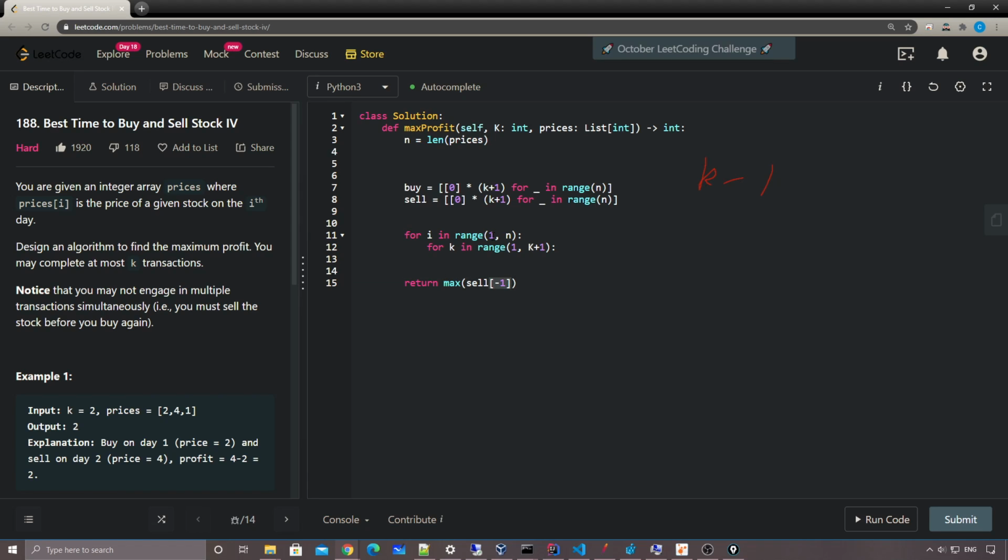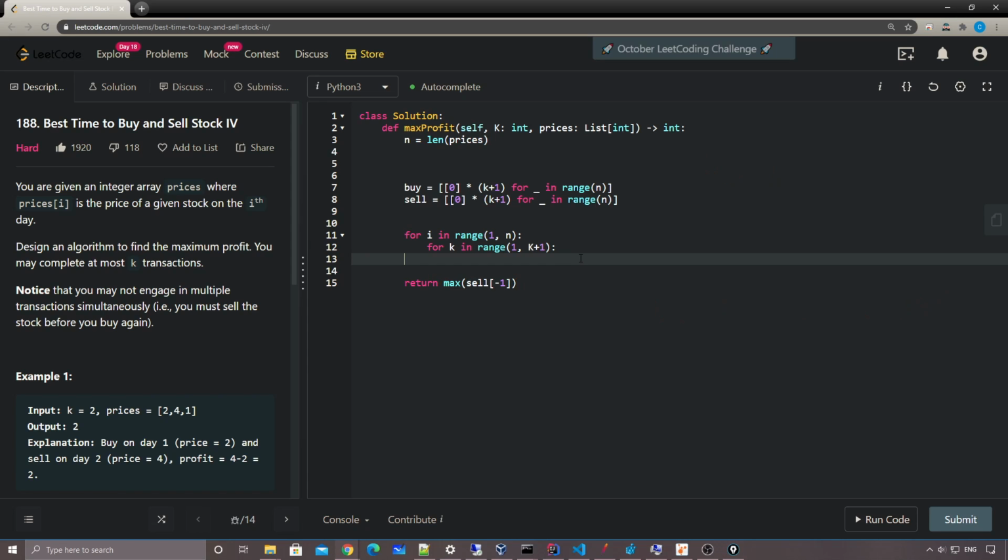But since each day we have K different transaction options, that's why we're considering all the transactions at the last day, because we could get the maximum profit with one transaction, with two transactions, with any number of transactions, which we don't know. That's why we need to get the maximum out of all the possible transactions for the last day, right?